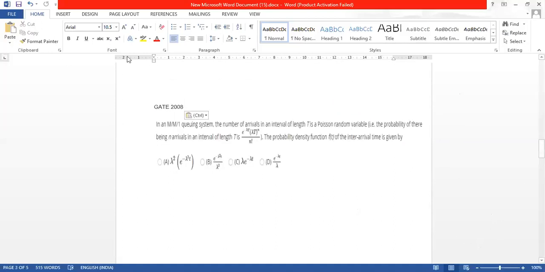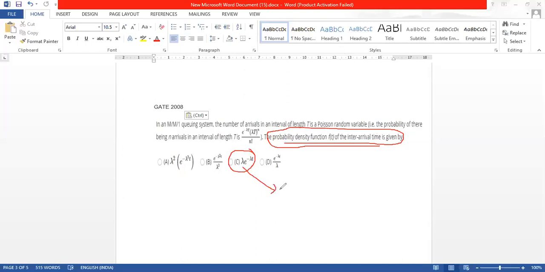Can anyone answer this question? In the M/M/1 model, we are studying the M/M/1 model, the number of arrivals in an interval t is a Poisson random variable. That is, this gives us the probability of n arrivals in time t. What is the probability density function of the inter arrival? You studied this today.